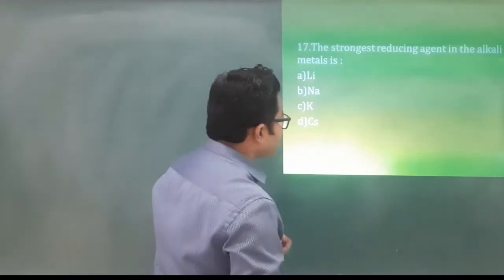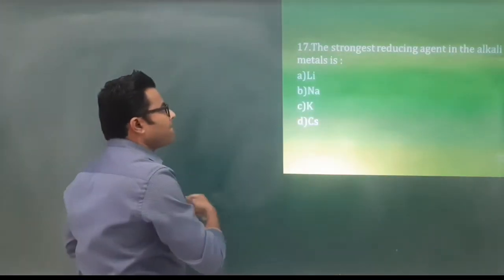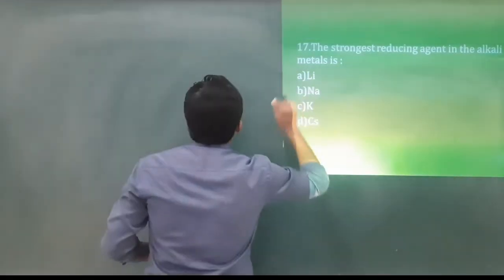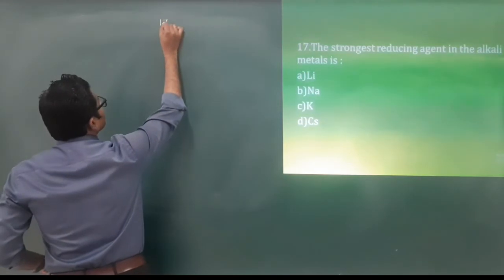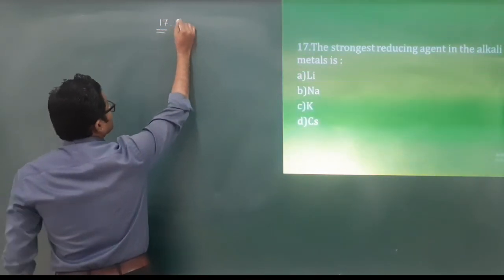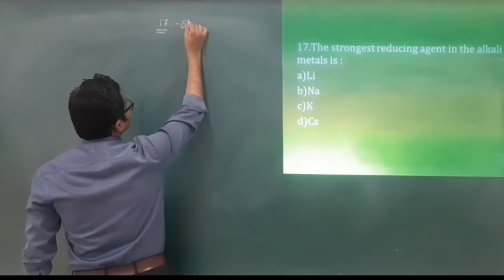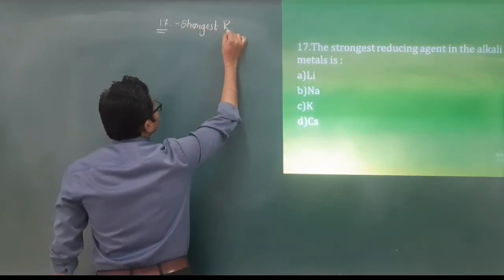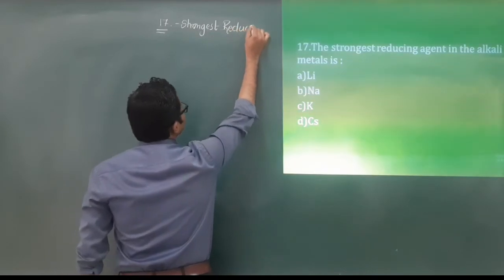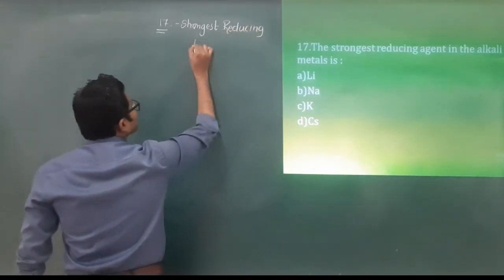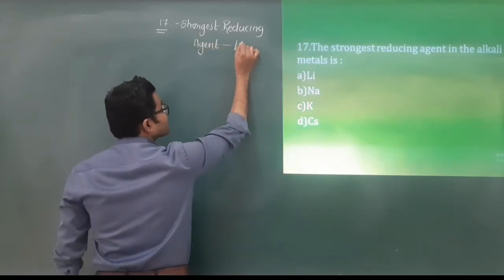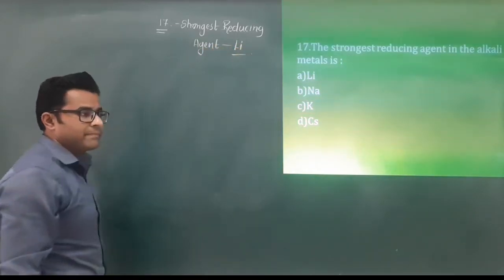The strongest reducing agent in the alkali metals, we have already seen about this. So here for the 17th, the strongest reducing agent is lithium.